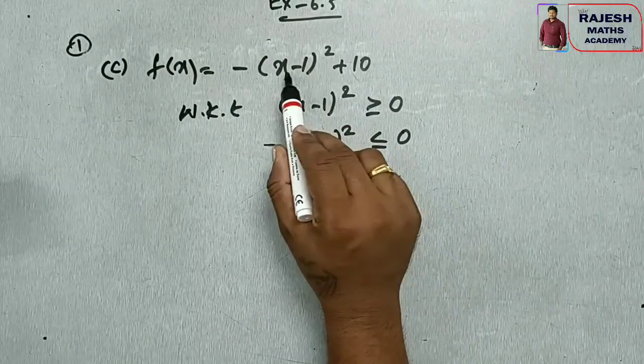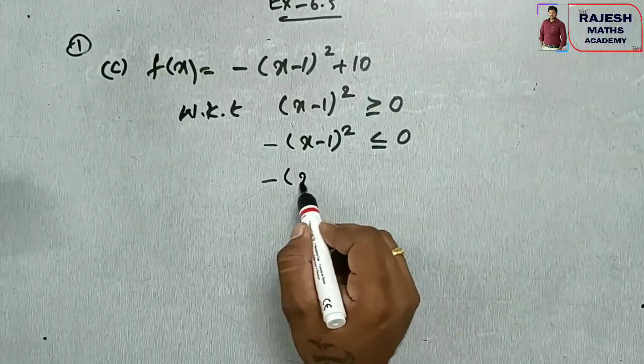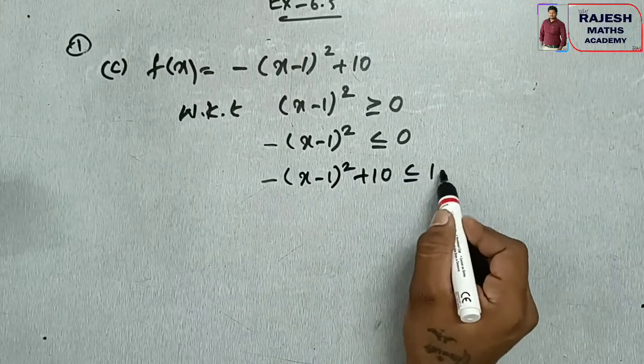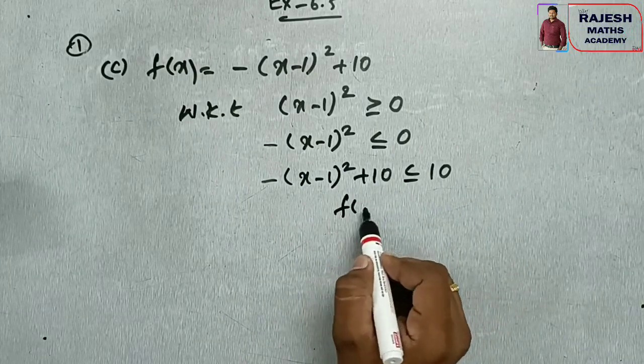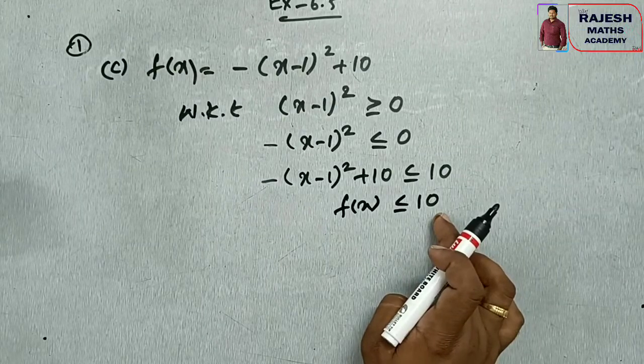Now I need this minus of (x minus 1) whole square plus 10, so I am adding plus 10 to both sides. So minus of (x minus 1) whole square plus 10 is less than or equal to 10. So here f of x is clearly less than or equal to a constant, and that constant equal to 10.